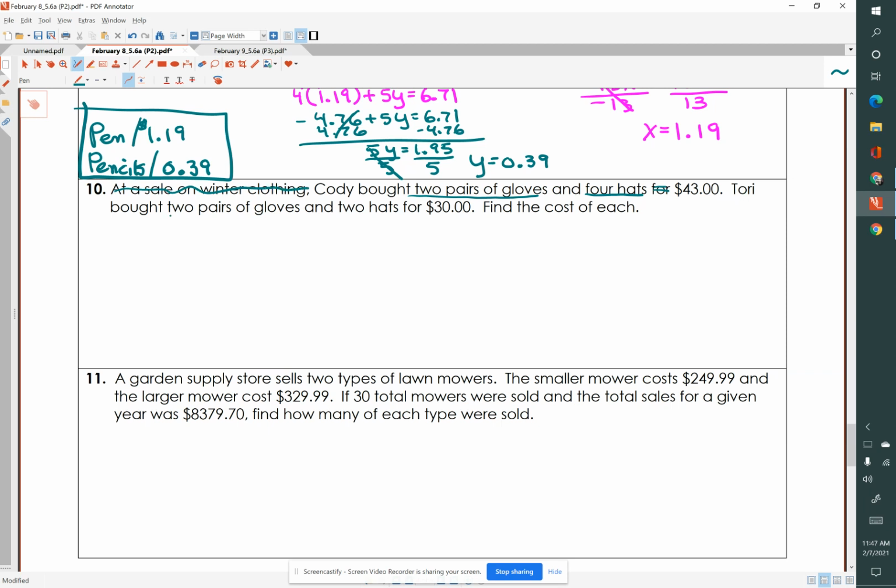Tori went shopping as well and bought 2 pairs of gloves and 2 hats for $30. Find the cost of each. So we've got hats and gloves. So we're going to let x equal the gloves, and we'll let y equal hats.